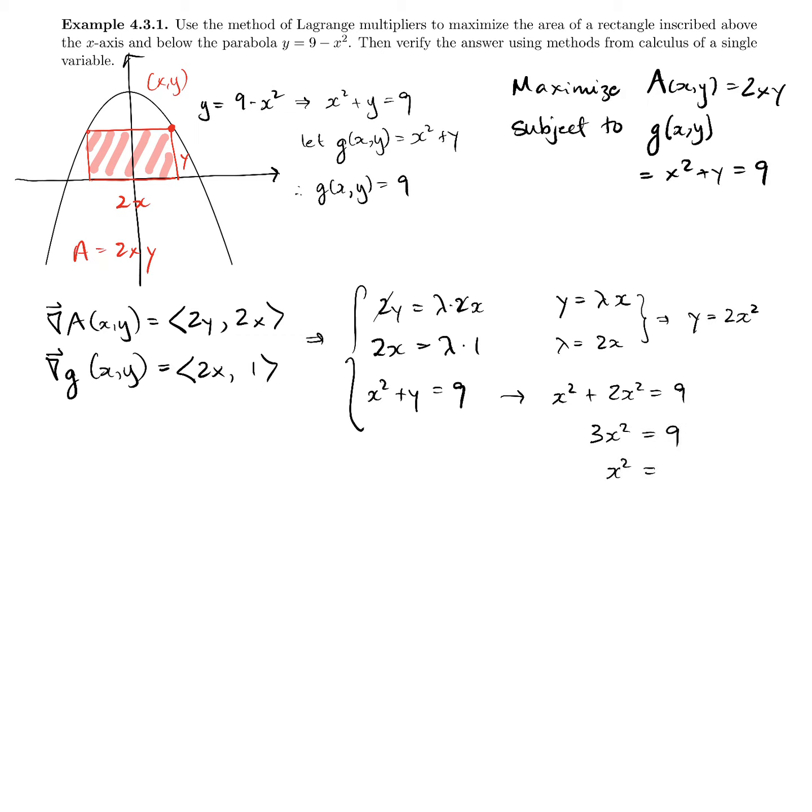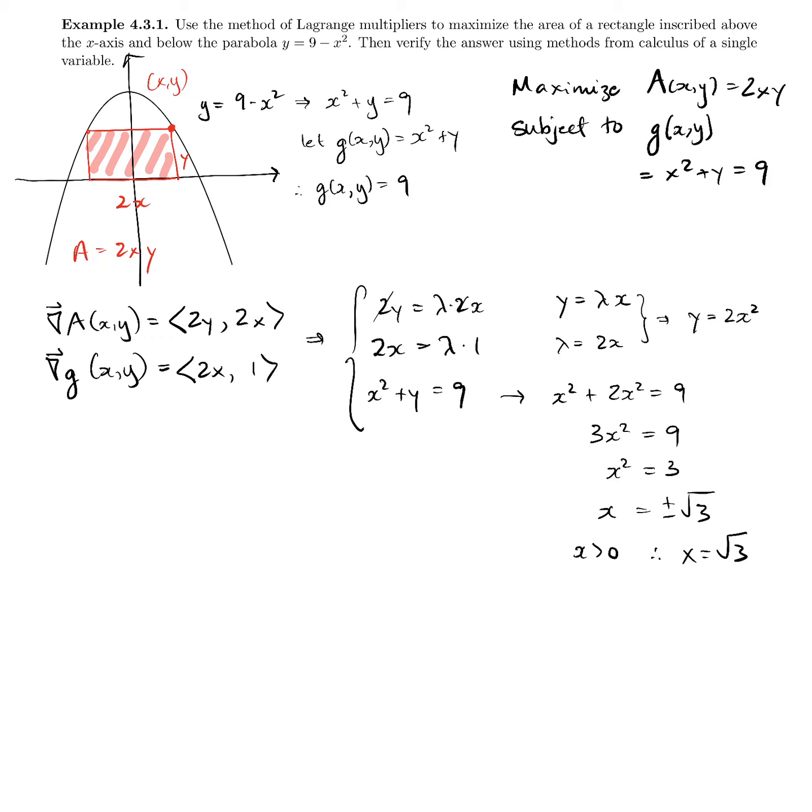X squared is 3, and x is plus or minus root 3. Now obviously we want x to be a length. Minus root 3 would be over on this side, but if we want x to be a length, we'll take it as greater than 0. Therefore, x will be root 3.